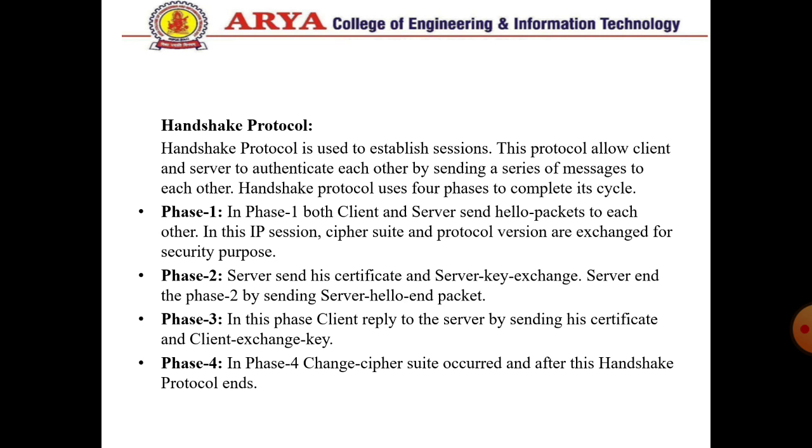Now in phase 3, the client replies to the server by sending its certificate and client key exchange. In phase 4, change cipher suite occurs, and after this the handshake protocol ends. So what is this change cipher suite? We will see in the next.